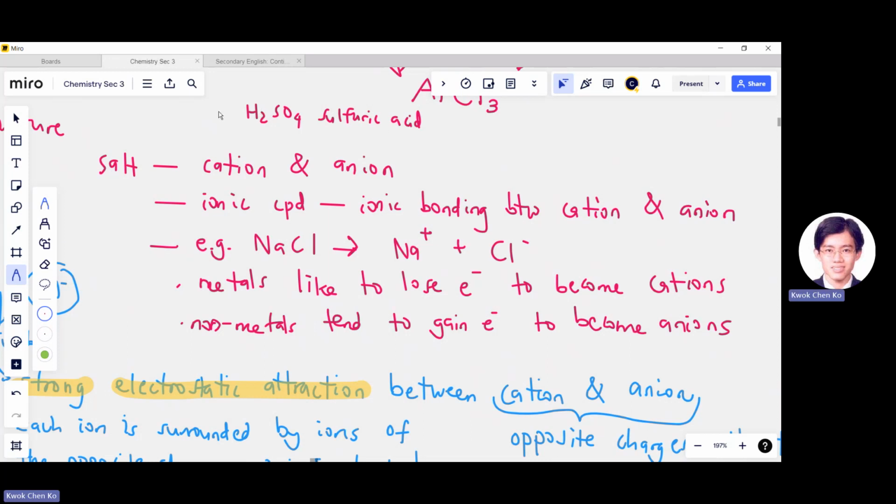Okay, so this is not a salt. Magnesium carbonate. Is this a salt? Okay, in this case, yes. All right, this is a salt.